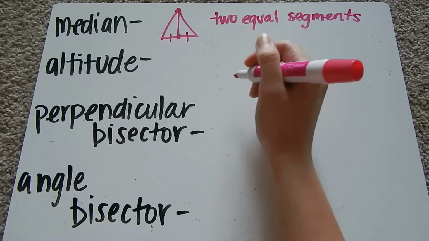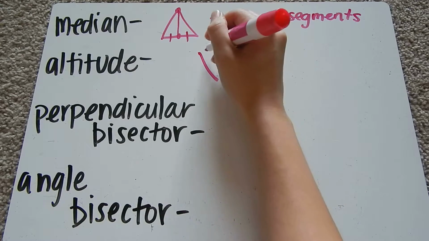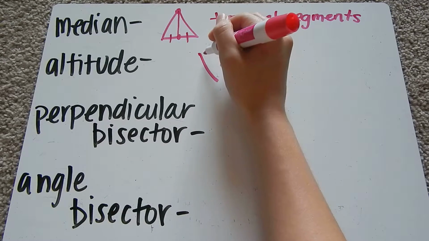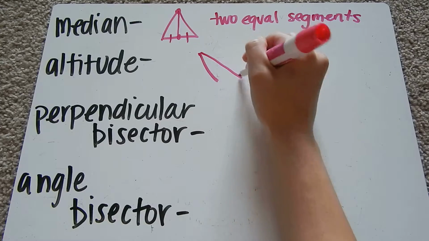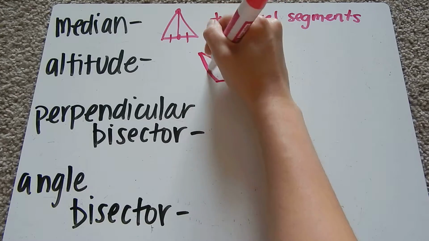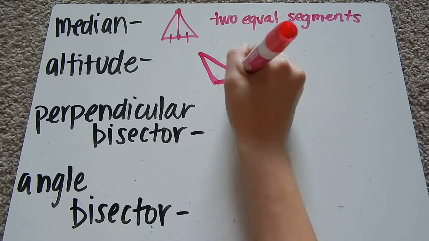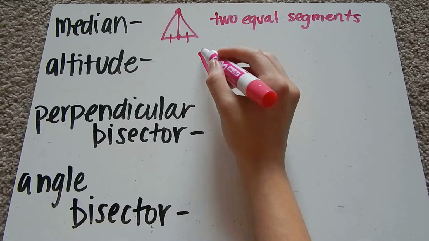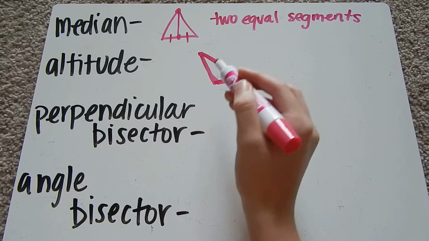For an altitude, let me draw my triangle. It's not a very good triangle. Okay, so an altitude is the perpendicular segment from a vertex to the opposite side.